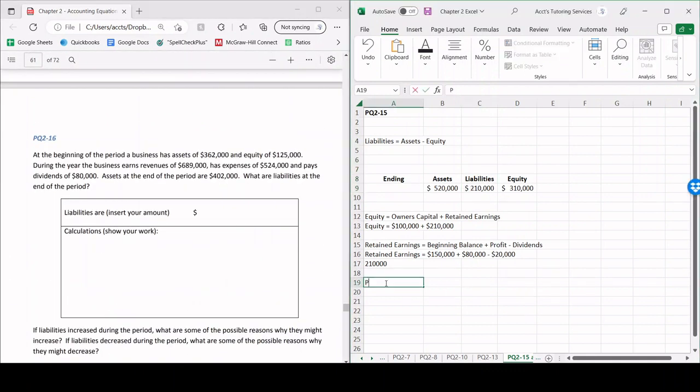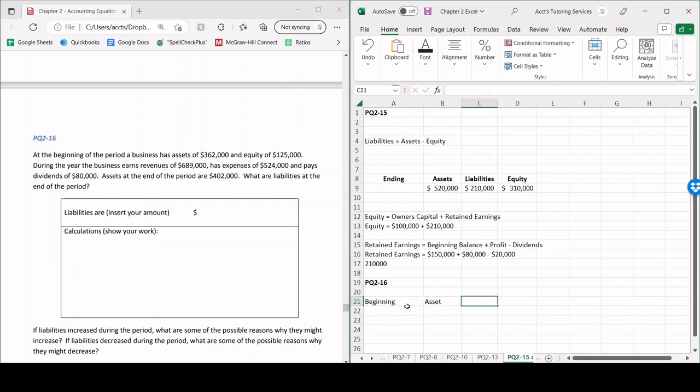Now let's quickly go over to PQ2-16. Same situation. There's no set way to do these questions. You just have to apply the formulas and back yourself up into the answer. So now we have a bunch of beginning balances: assets, liabilities, equity.